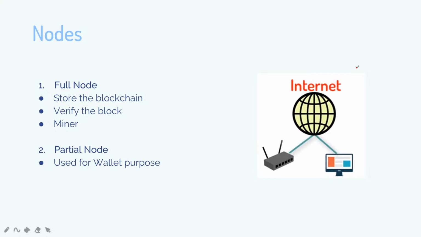About miners I will tell you, but full nodes verify blocks and store the blockchain. So they are always in the blockchain community, but a partial node is different. It is used for validation purposes or some other information purpose. So that is partial node. We have two types of nodes.